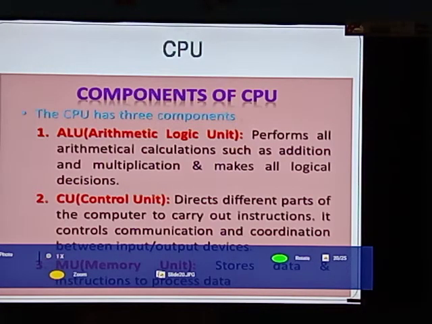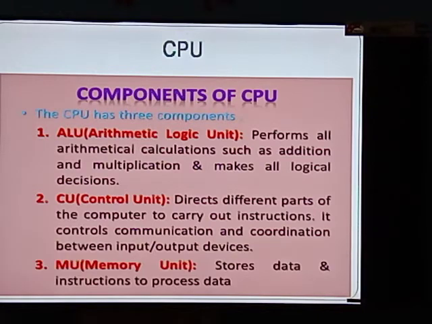There are three different units in CPU which are called components of CPU. You all saw in the previous block diagram, there were three units. First unit was ALU, which is called arithmetic and logic unit.